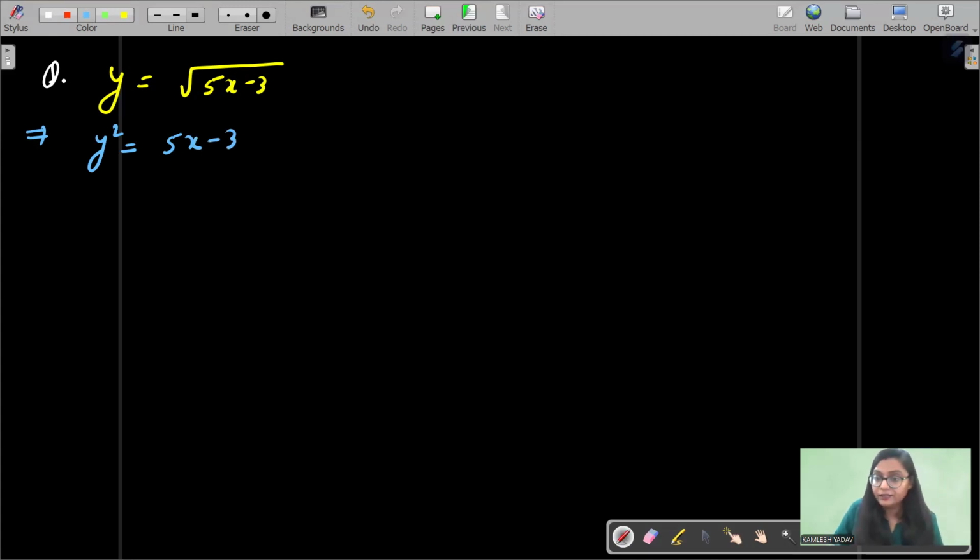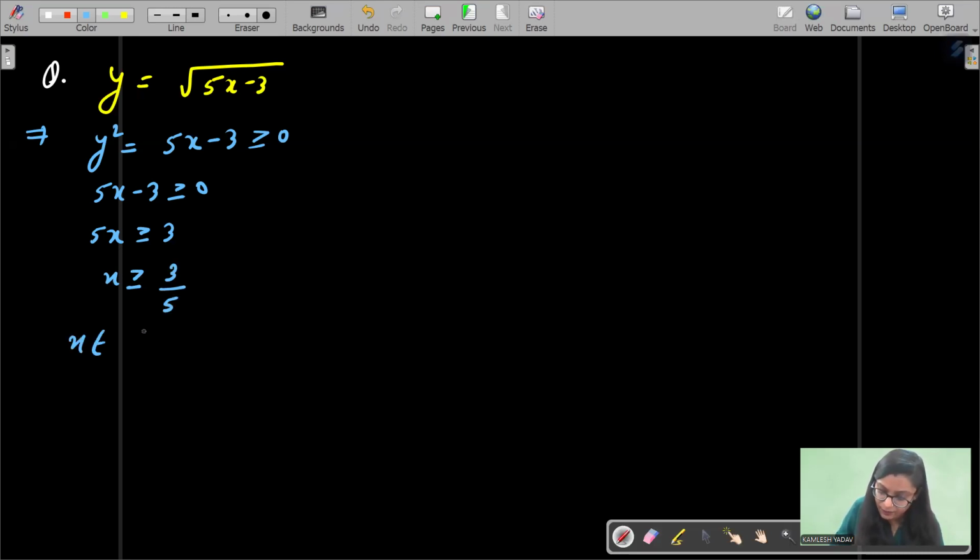We know that a square is always greater than or equal to 0. It means 5x minus 3 is greater than or equal to 0, so 5x is greater than or equal to 3, then x is greater than or equal to 3 by 5. It means x belongs to the closed interval 3 by 5 to infinity. So this is the domain for the given question.